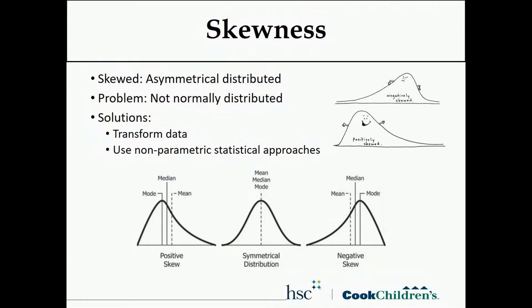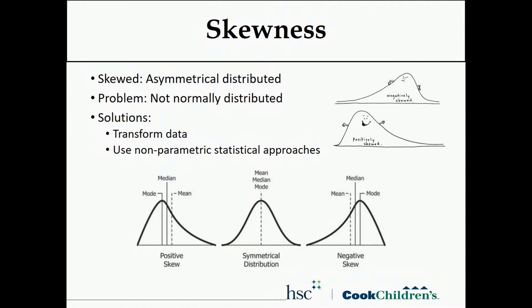The mode aligns with the peak of the hill, whereas the median is going to be less influenced by extreme outliers because you're just looking at the 50th percentile. The most extreme values can be as high as they can be, and it won't really affect the median value at all. And then you see the inverse pattern for the negative skew.